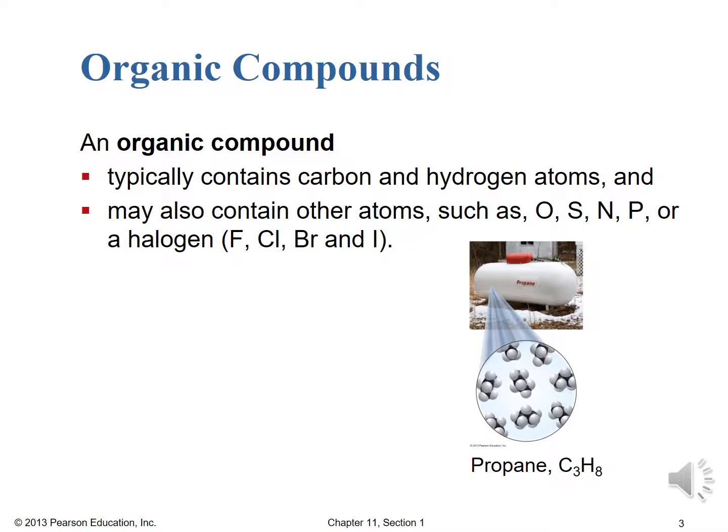So I feel for you, those who are on propane for their heating and cooking. But it is a wonderful example of an organic compound. And you see there it's 3 carbons and 8 hydrogens total. And we see those space-filling models there. We'll get a better sense of what propane looks like as we talk through the rest of this chapter.